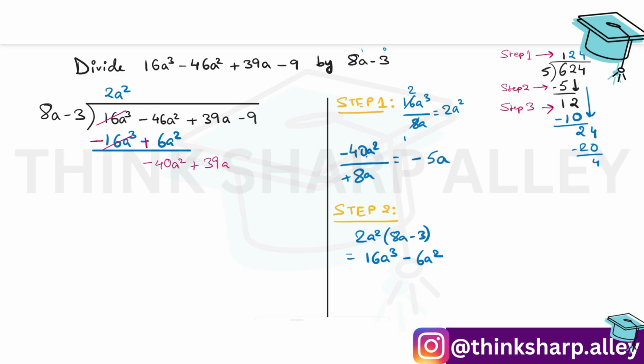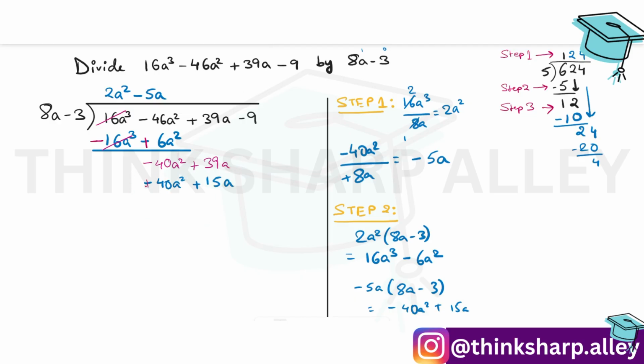A square by a is a. So our next term of the quotient is minus 5a. And we multiply minus 5a with the entire divisor, and we get minus 40a square plus 15a, and we write it down under the dividend.